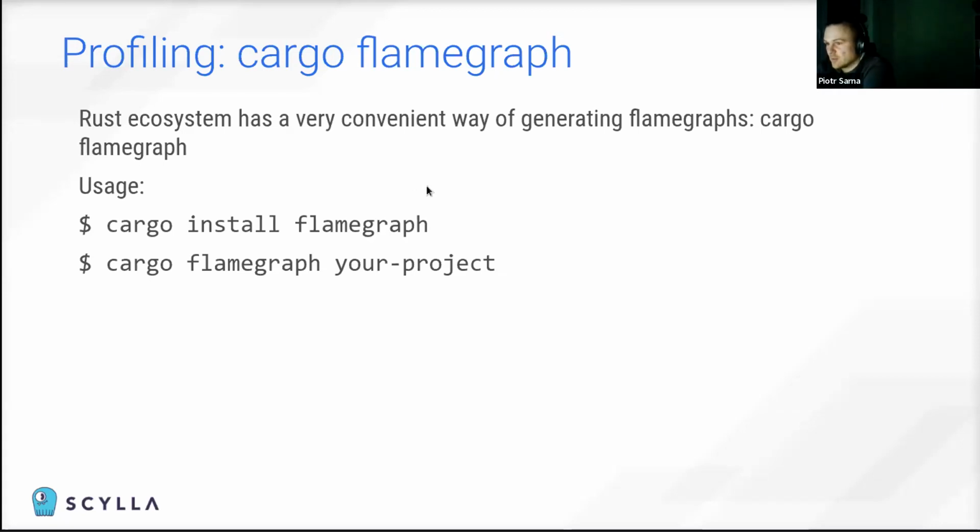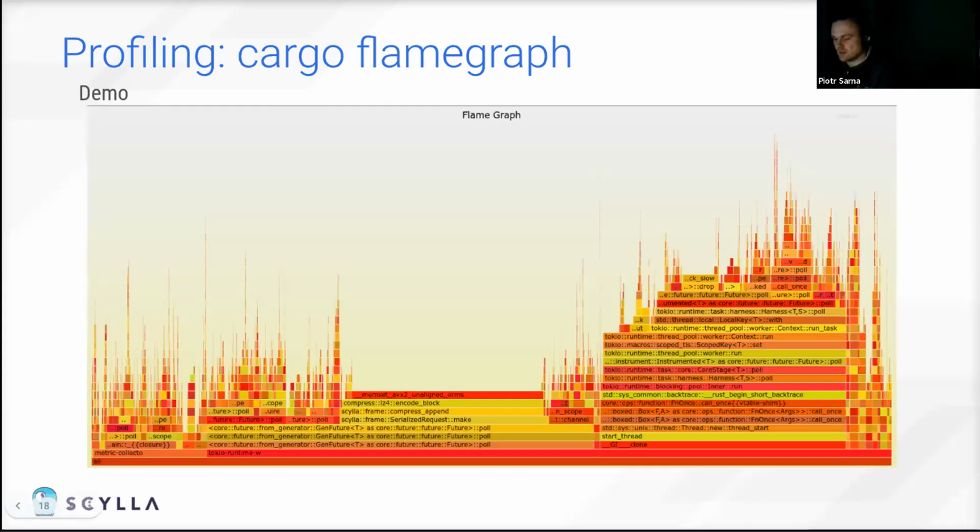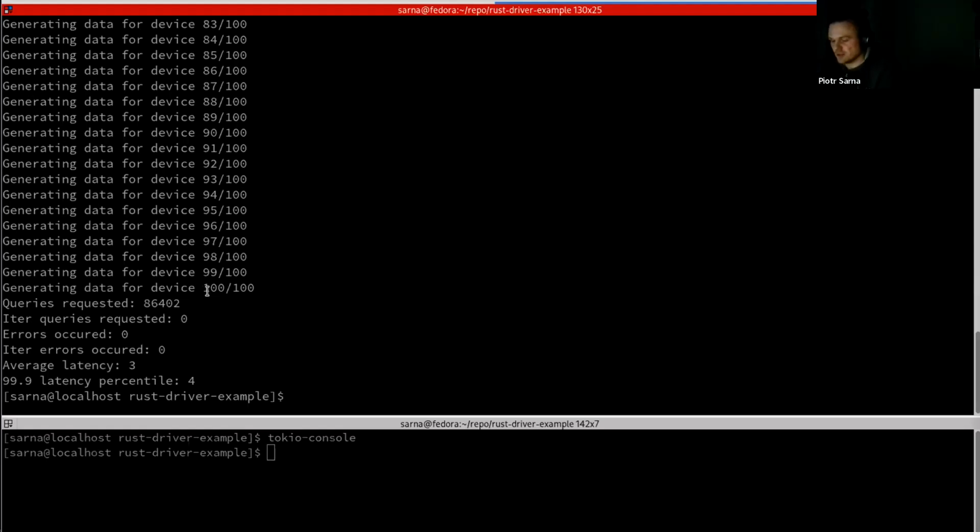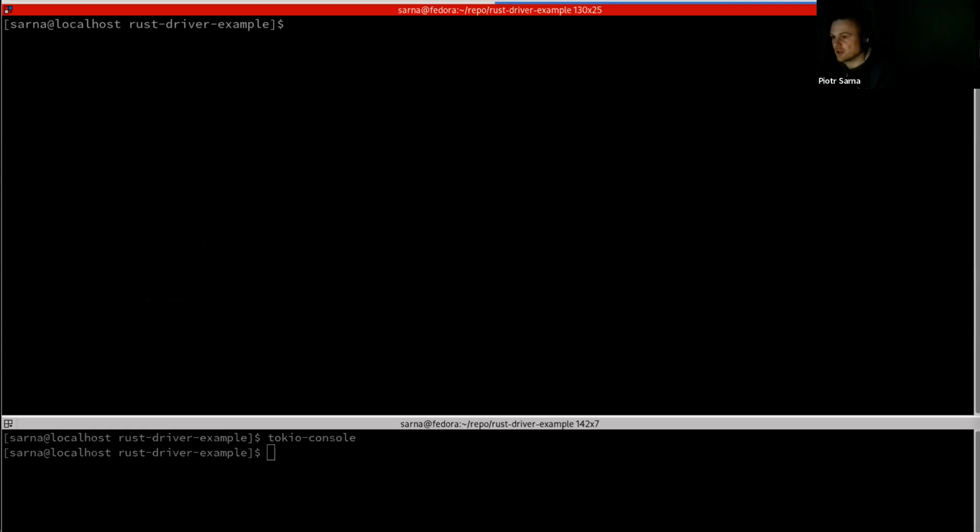In order to generate a flame graph out of your program's run, you can just install cargo flamegraph, which is yet another cargo utility, and then just call cargo flamegraph and then the path to your project, and it just works. Just to show you how simple it is, instead of cargo run, you can just type cargo flamegraph and run it.